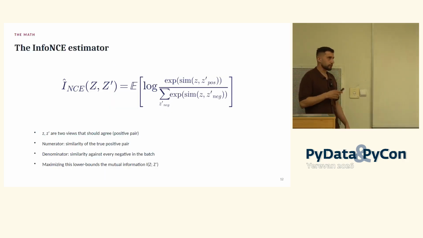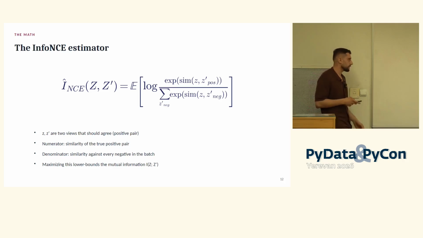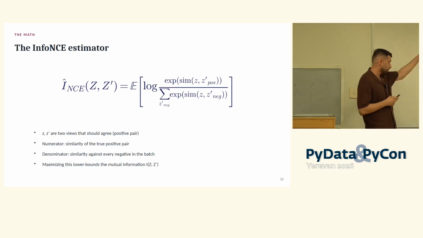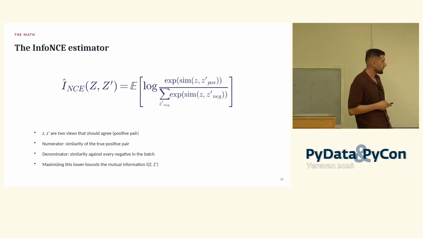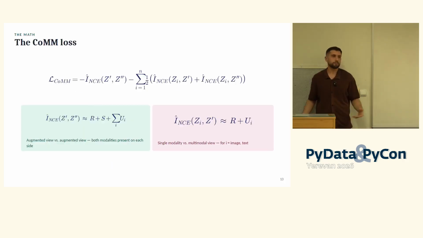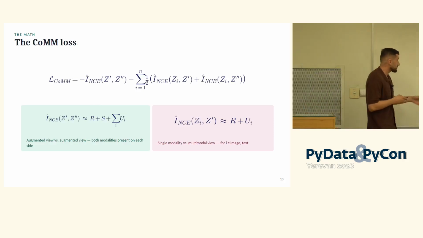Let's just recall what InfoNCE is. It's just the standard loss which is applied in contrastive learning. You just want to maximize the ratio, because in the numerator you have positive pairs and in the denominator negative pairs, and you can just put a minus in front. It will become a loss for you to minimize. And CoMM is basically applying this InfoNCE a few times with the features that we've discussed.